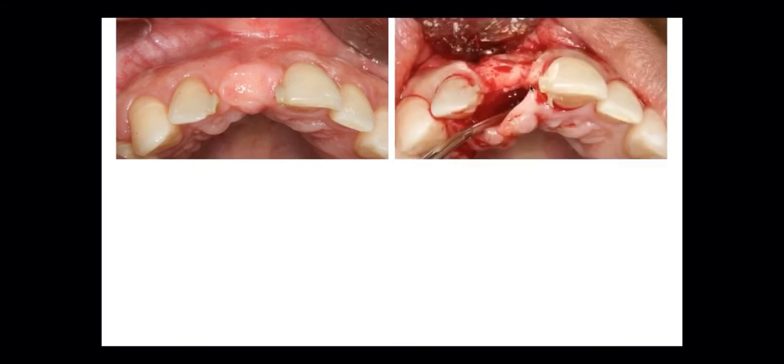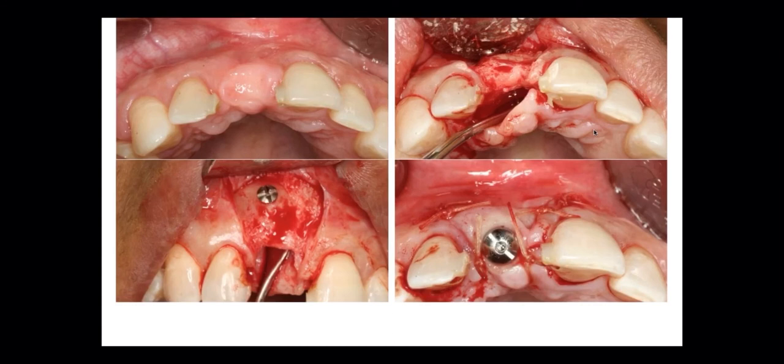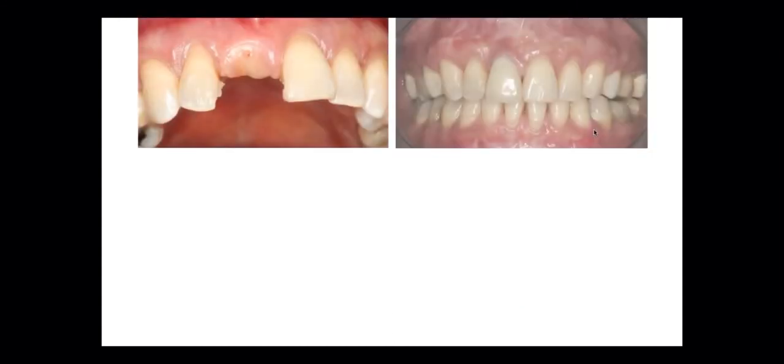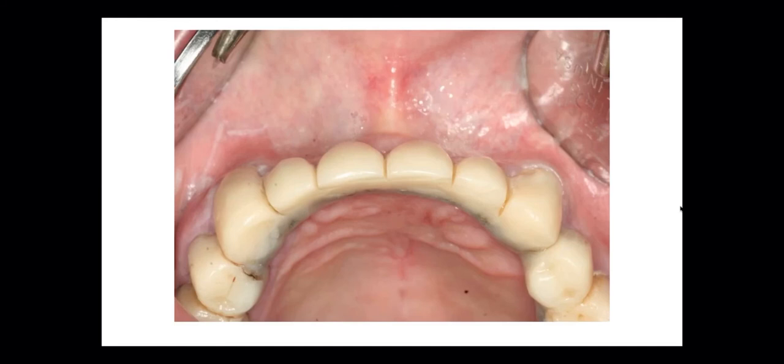Then we opened back and placed the implant. This is after 6 months. At this time, I was waiting for 6 months. Now we can do it after 4 months, and this is the final crown in place. The final crown was done 3 months after implant placement.